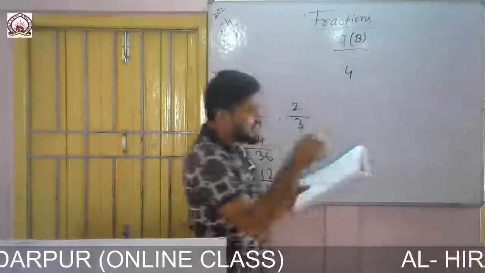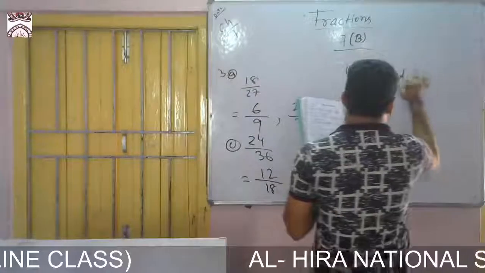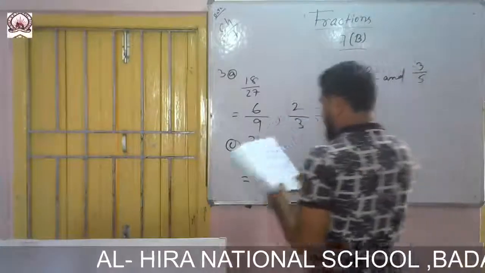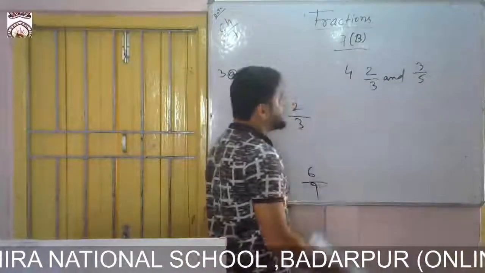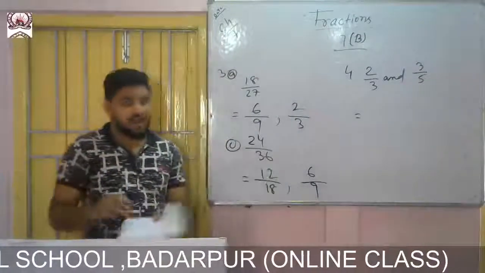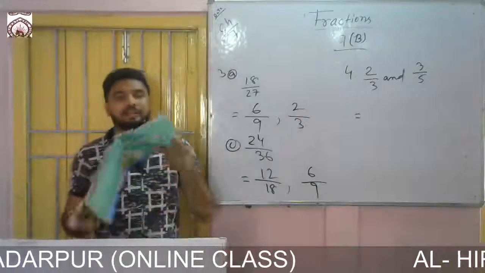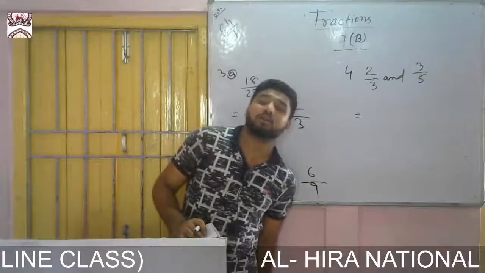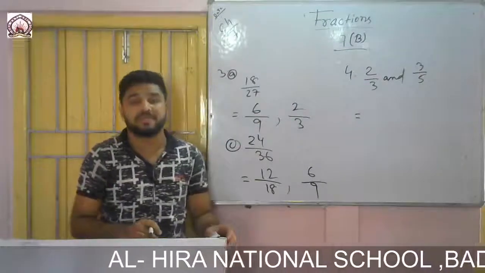Okay. So how to change them to like fractions? Given 2 by 3 and 3 by 5. So how to change? Whenever you see the denominators are not the same, then you take the LCM. Then you make the denominator the same, because we know that like fractions are the fractions which have the same denominator.